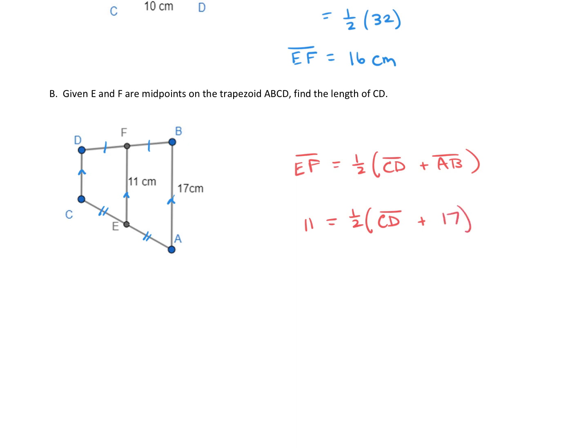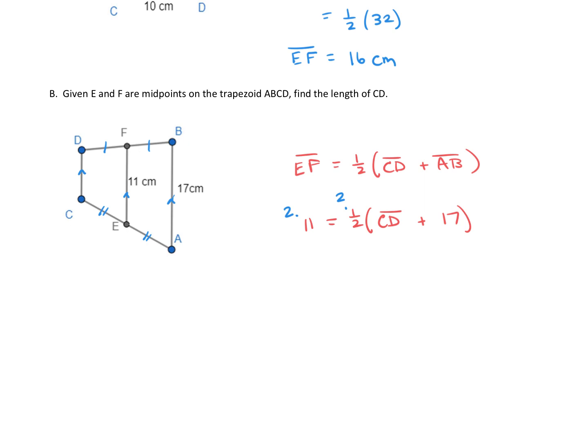And we're going to solve this equation for CD, for our unknown side. All right, so my preference here is to take care of this 1/2 first. I know that what would make a 1/2 cancel away is to multiply this side by a 2. 2 times a half is 1, which means I have to multiply this side of the equation by a 2.